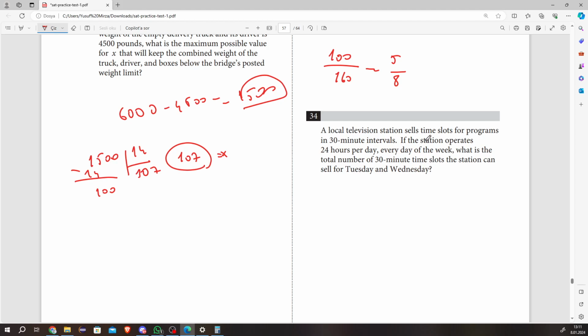So per day, 24 hours, Tuesday and Wednesday, we have 48 hours. Then the local sell times are 3-minute intervals. So we can simply multiply by 2 because every hour we sell 2, so 96.